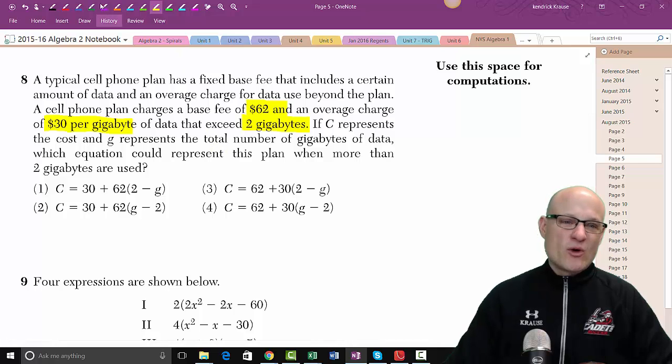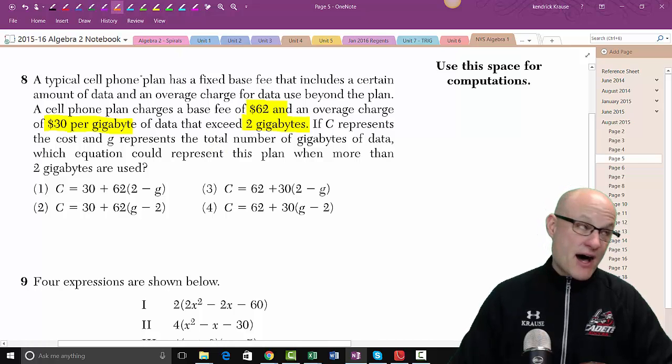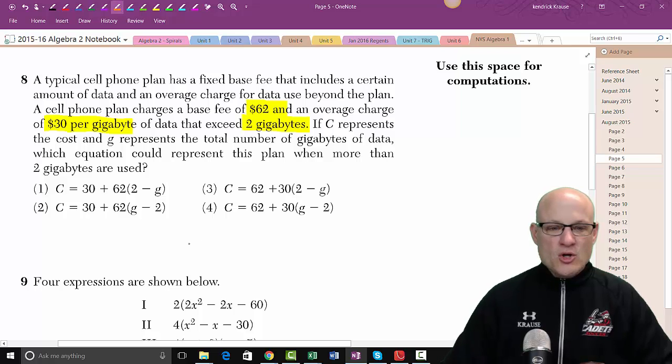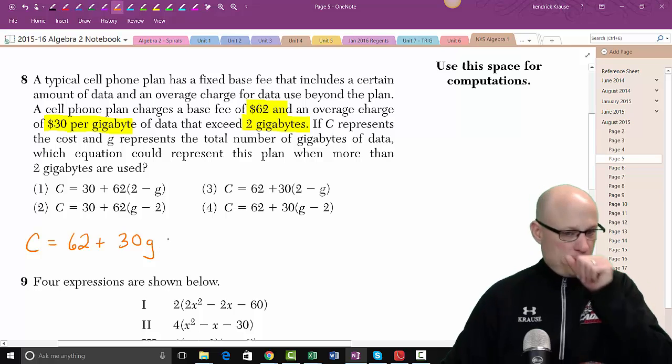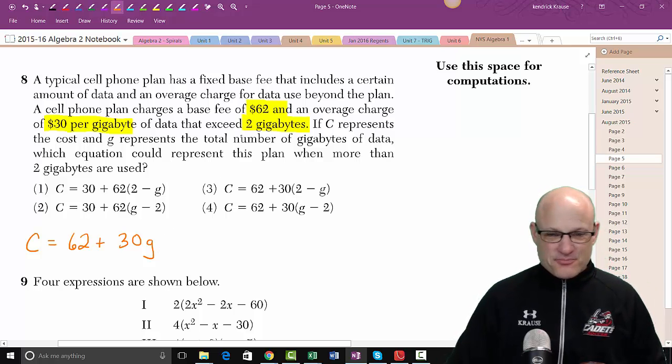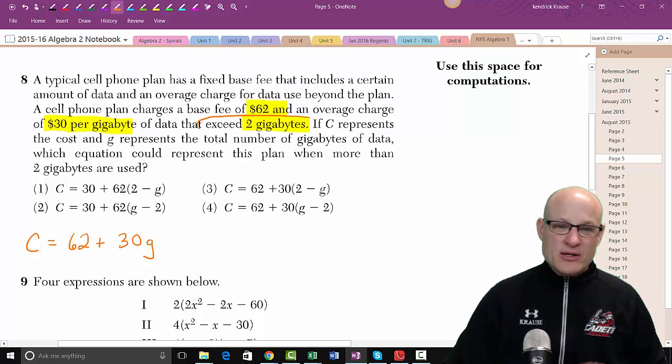Now, here's another one of these examples, and I've seen these on a lot of exams, where they want you to start with a certain amount, like $62, and to it we're going to add $30 per gigabyte. But again, this is one of those where it only applies when you get above 2 gigs.